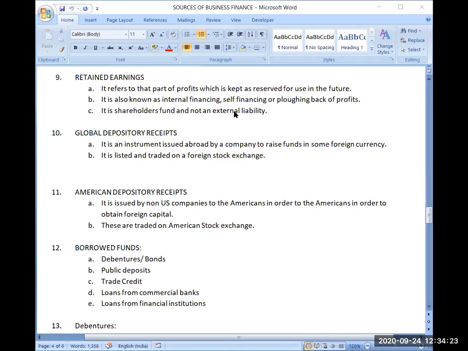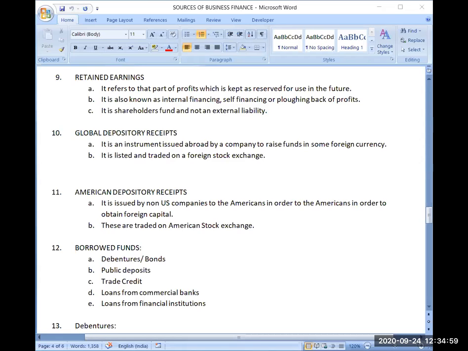Yes. Now, in case of company, who are the owners? Obviously, but mention the category also. Yes, yes. Equity shareholders are the owners of the company.